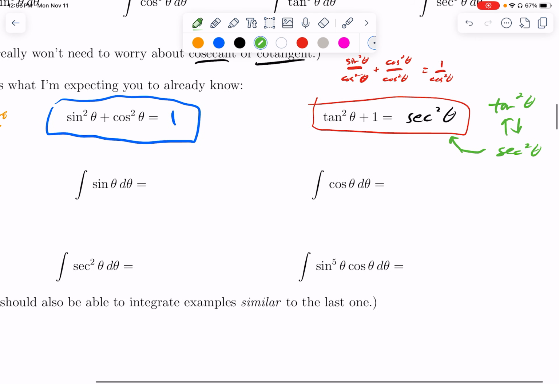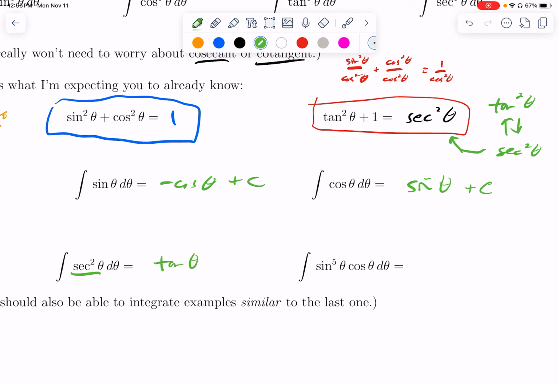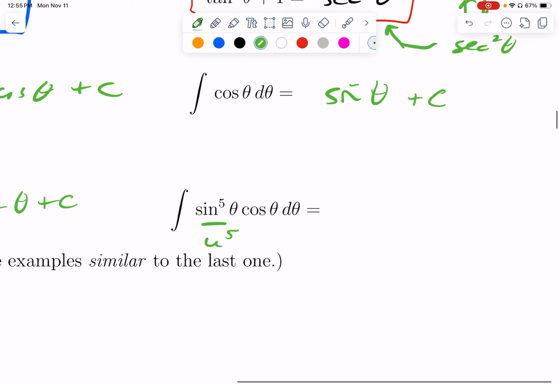Okay, a couple of integrals that we should just plain know. So this one is negative cosine. Oh, not a d theta plus c. This one is sine theta plus c. This one, either you recognize it or you don't, but you should know that that's tan theta. And then this one here is technically a u substitution, but hopefully you can kind of do that in your head and realize, oh, okay, if I had sine theta to the 6th power, I would get 6 times sine theta to the 5th power, and then chain rule gives me that cosine.